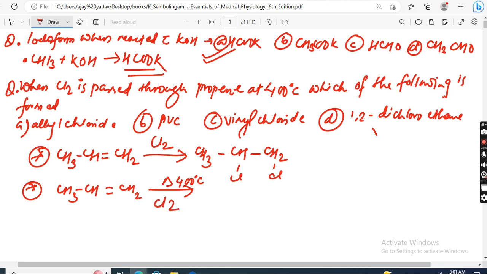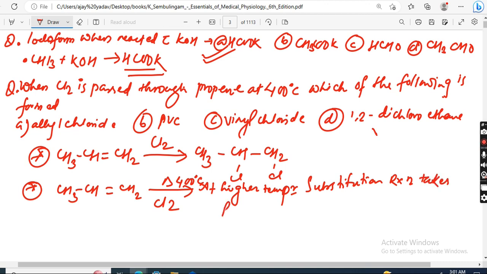So at higher temperature, you should remember, substitution reaction takes place over addition reaction.